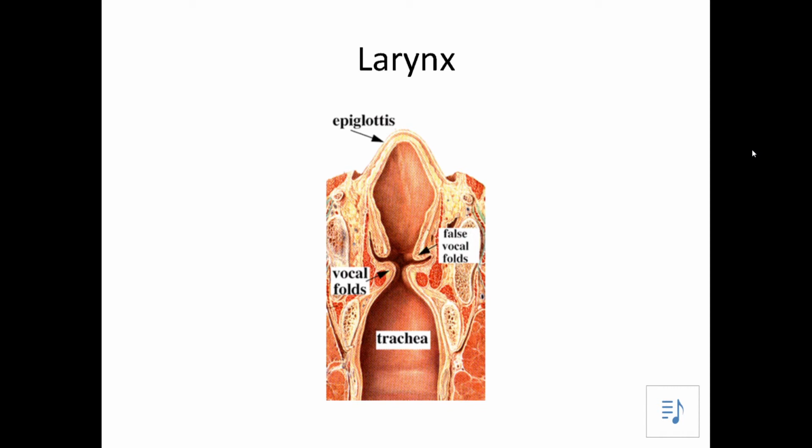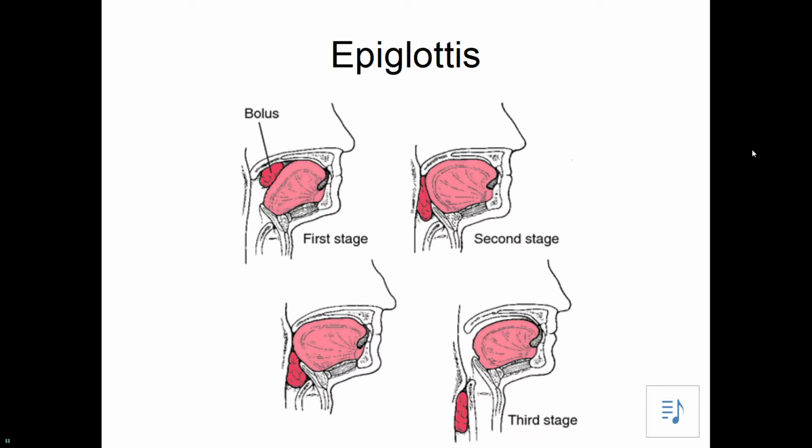Now, the epiglottis is what prevents you from breathing in your food. When you choke on your food, that's a failure of the epiglottis. And when the epiglottis is up, the trachea is open and you can breathe normally.